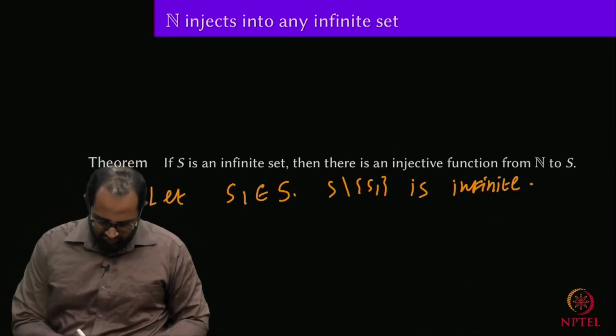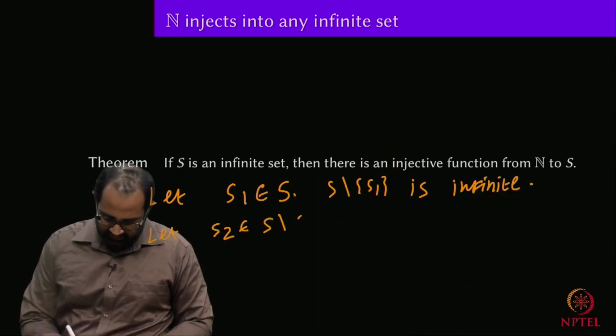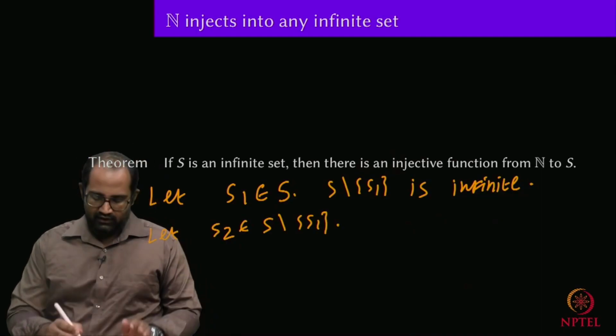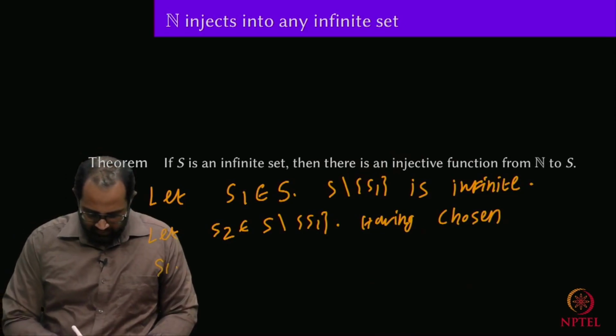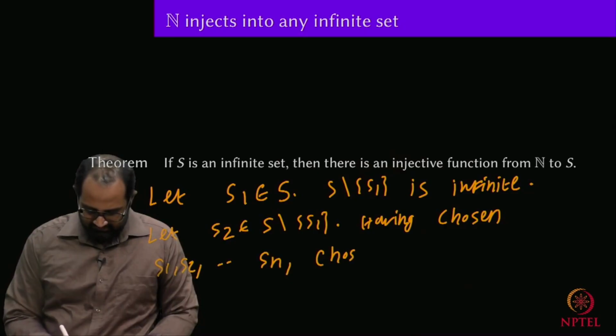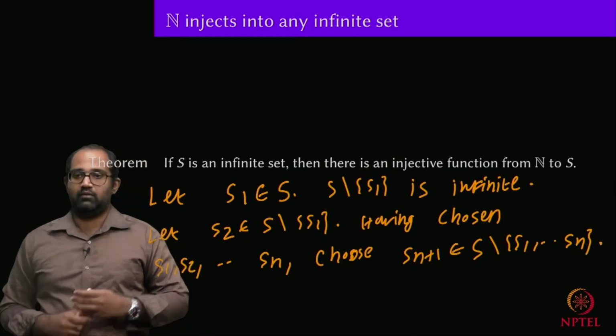So, let S2 be in S minus S1. And you can guess where this is going. You say having chosen S1, S2, up to Sn, choose Sn plus 1 to be some element in S minus the set S1 to Sn. Okay.